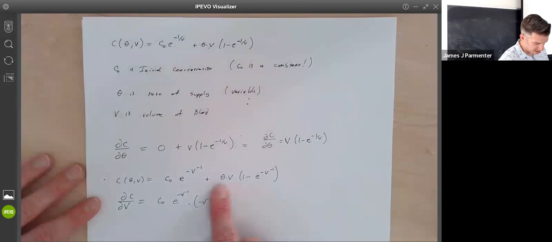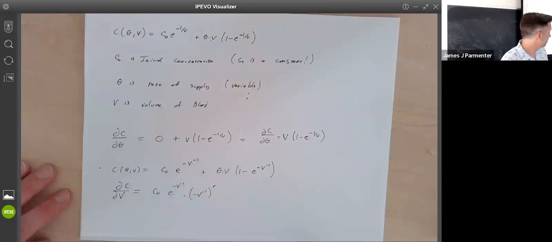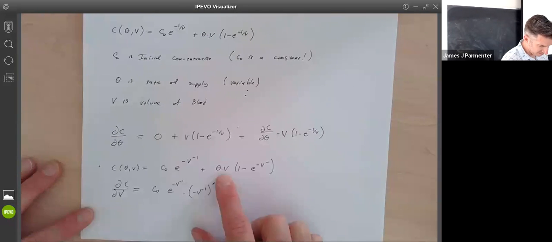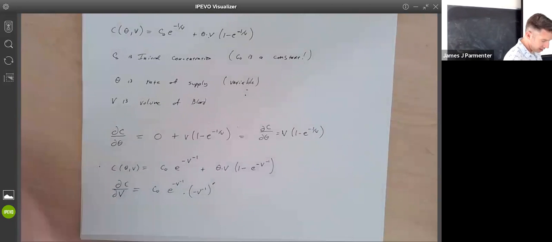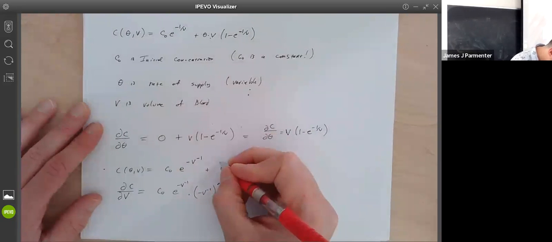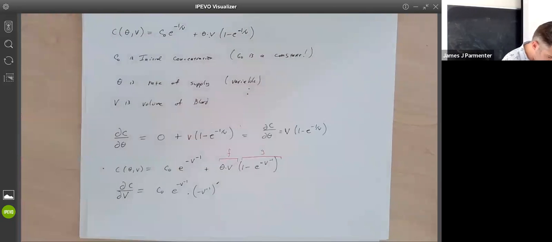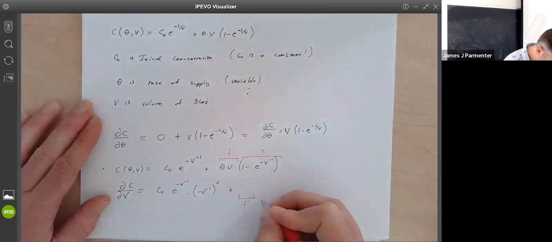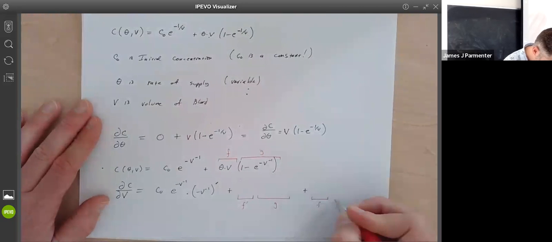Now it looks like over here, in addition to the chain rule, what other rule are we going to need to use? Well, I've got v times another function of v. I'm thinking I'm going to have to use the product rule. I'm going to think of this as kind of one piece and this as another piece. So when I write my derivative, it's going to look like f prime times g plus f times g prime.